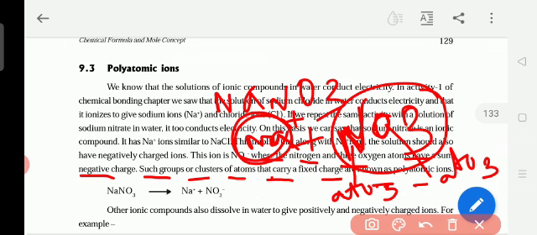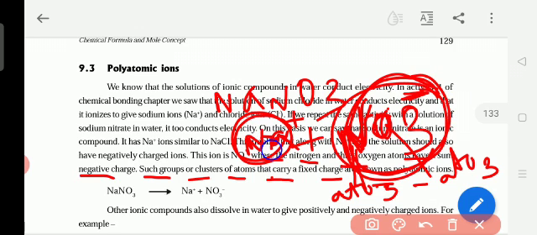Here 1 nitrogen atom is there, and together they form a group. So polyatomic: poly means many atoms. Okay, nitrogen and 3 oxygens, and together they carry a negative charge. So it is the ion, and poly means many atoms, polyatomic ions.